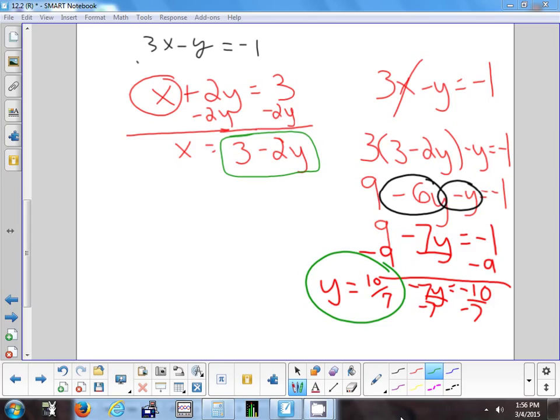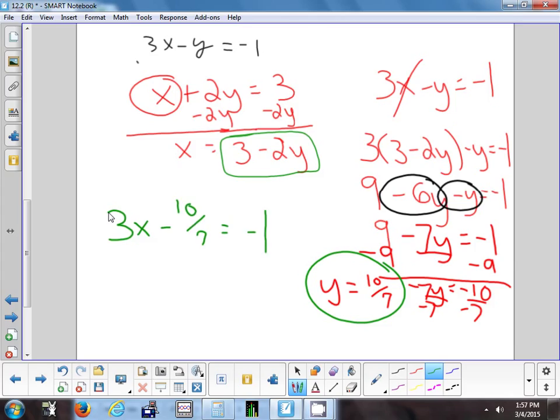So we got y equals 10 over 7. Where's he going, Ryan? For the y. Which equation do you want to put him in? This one or that one? The one on the right. Okay, so what am I going to write? 3. Good. Nice job. -1.